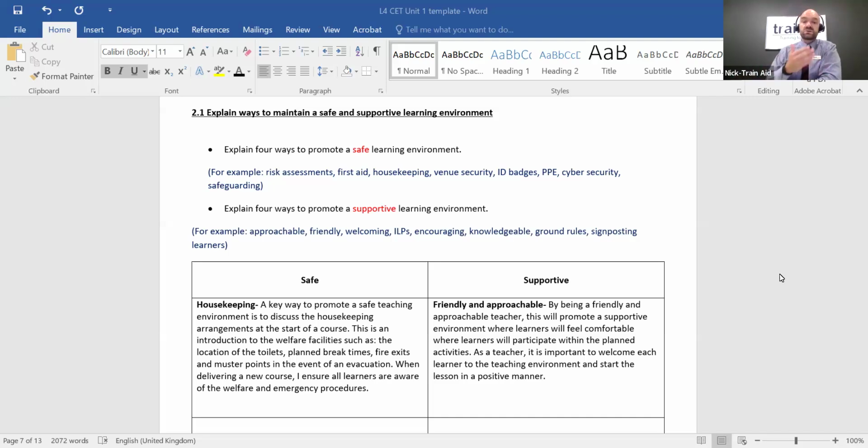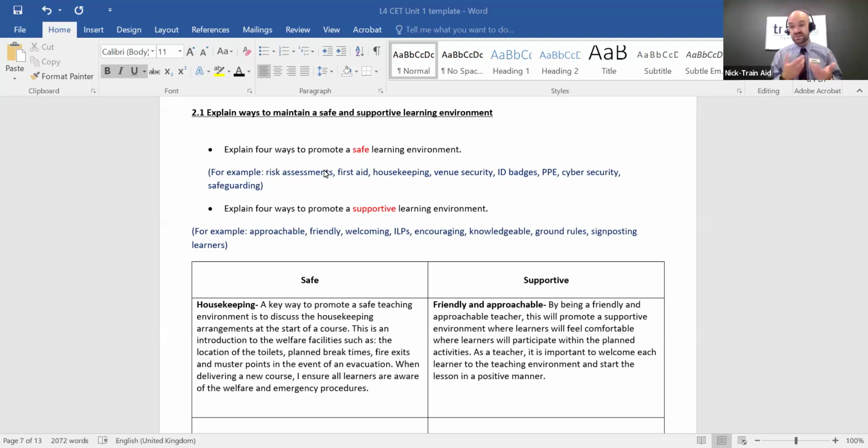So we're looking at the environment from the outside, but also we're thinking of you as a teacher and showing your supportive side as well. So just in regard to promoting a safe learning environment, there are many ways we can do this. Conducting a risk assessment before we deliver teaching, promoting where first aid boxes are, first aid provisions, promoting the housekeeping rules, informing your learners about venue security, if they need to wear ID badges or not.